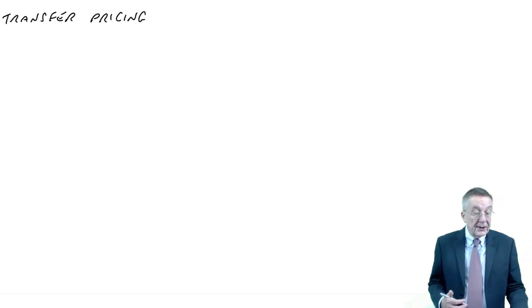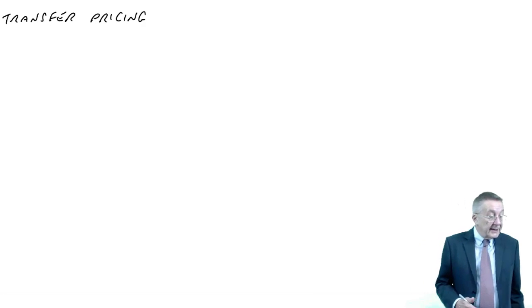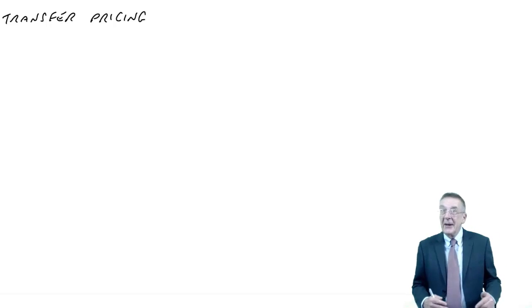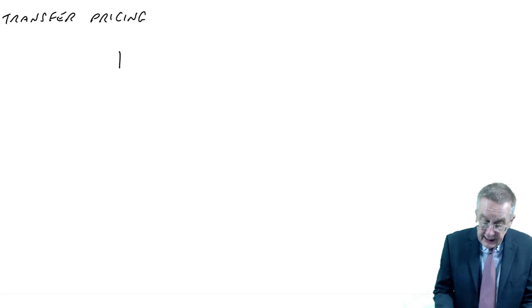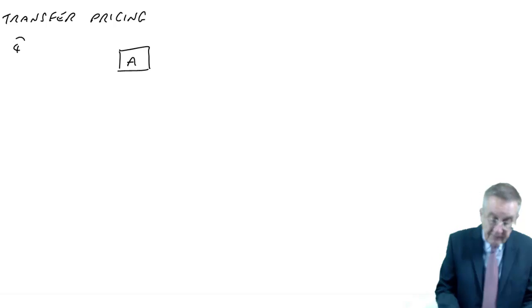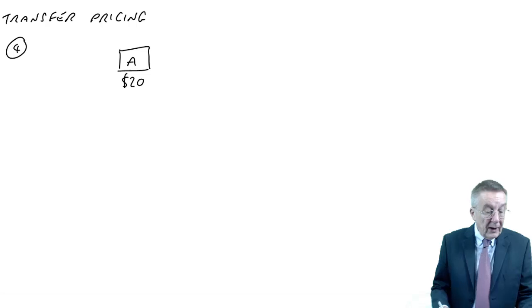Can you turn now to example 4, which in fact is exactly the same example as the one I did in the last lecture, example 3, but this time we're going to fix a sensible transfer price. So example 4, division A, same basis as all those we've looked at. Division A has costs of 20 per unit.